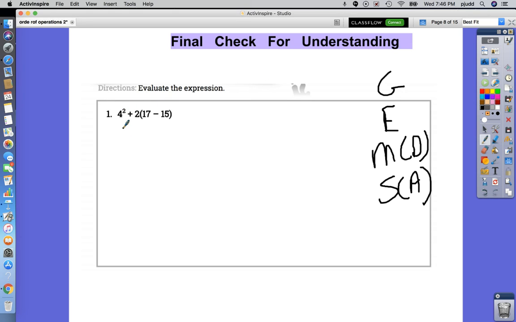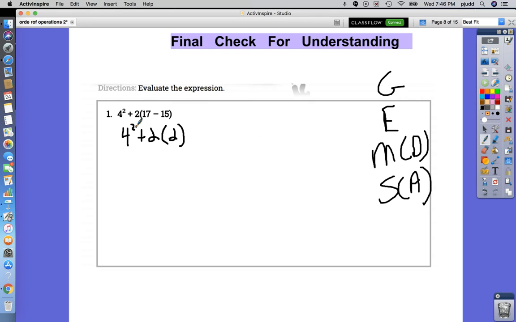So I'm going to bring down 4 to the second power plus 2. Remember, the parentheses are indicating multiplication, 2 times whatever is here. 17 subtract 15 is 2.